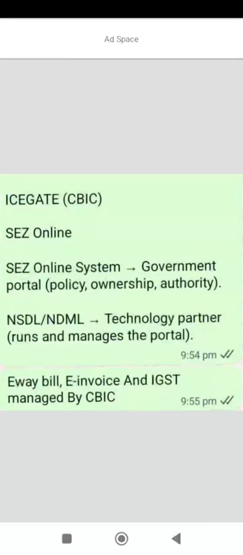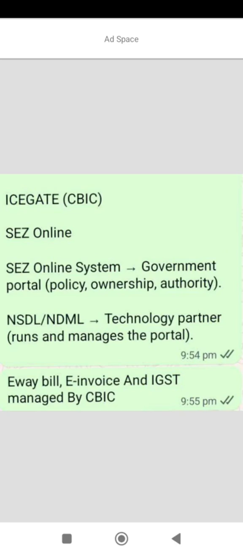What is ICGate? ICGate is a portal which is managed by the Directorate General, DGFT, and it comes under CBIC, Central Board of Indirect Tax and Customs, which comes under the Ministry of Finance. Okay, so this was founded in 2007, ICGate.